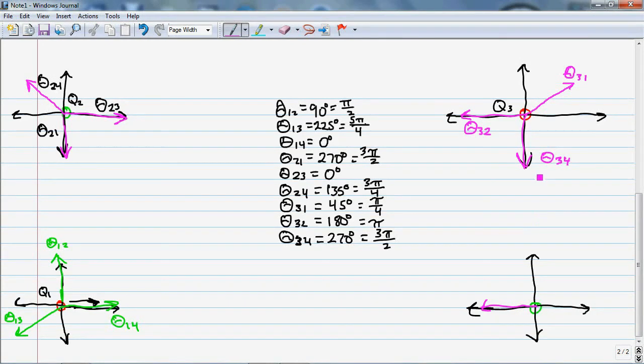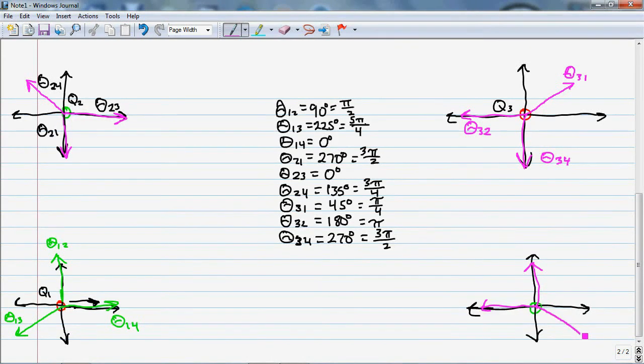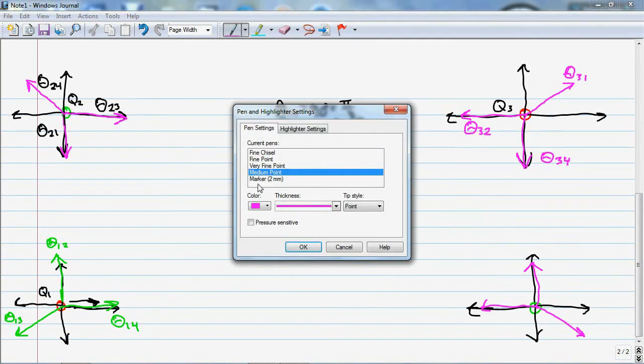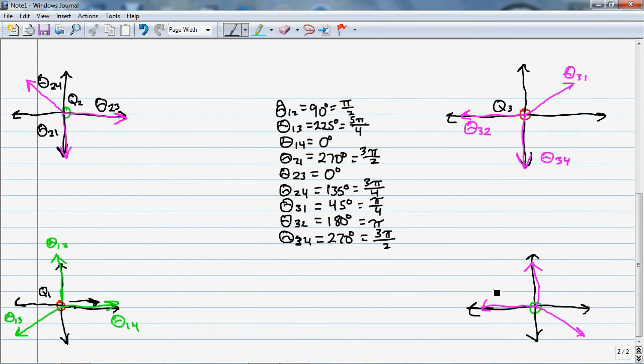For charge 3, they're going to attract, it's going to move straight up. And for charge 2, it's going to repel. So I'm going to have the designations here. I'm going to have theta 4, 1, theta 4, 3, and theta 4, 2.